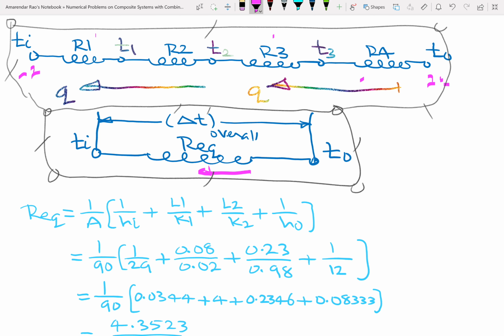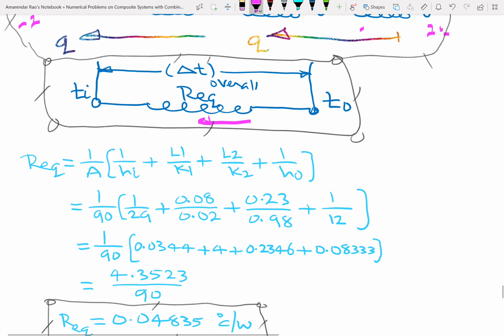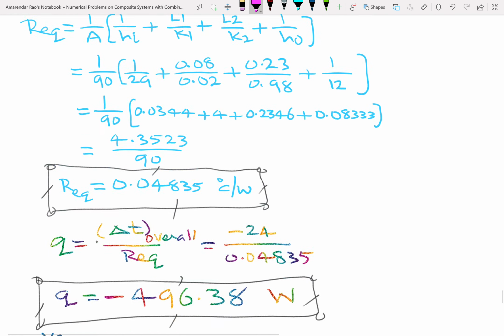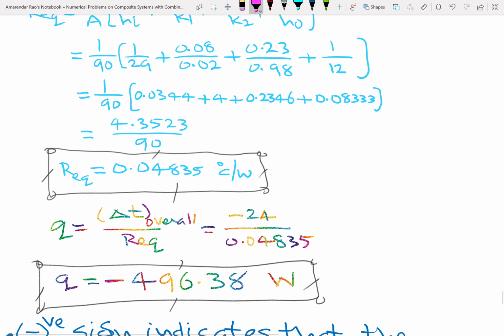Then R equivalent, since we don't require intermediate temperatures, can be directly calculated as 1 by HI A plus L1 by K1 A plus L2 by K2 A plus 1 by H0 A. Already we know it. Then if you substitute the data and simplify it, it is going to be 0.04835 degrees centigrade per watt.